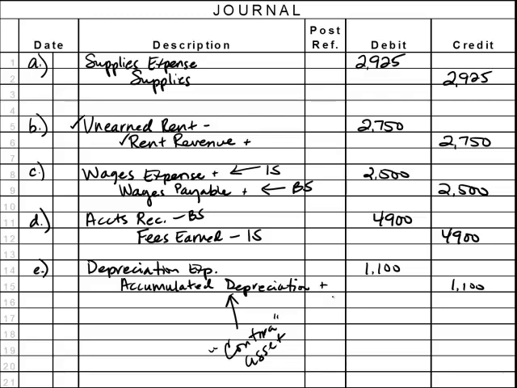And if you think back to chapter 1, we had the cost concept, and that is the rule we have to follow when dealing with fixed assets. So the cost of the product or the asset will remain in that account, and then we have this other account that we use to keep up with how much we have depreciated so far during the life of that asset.